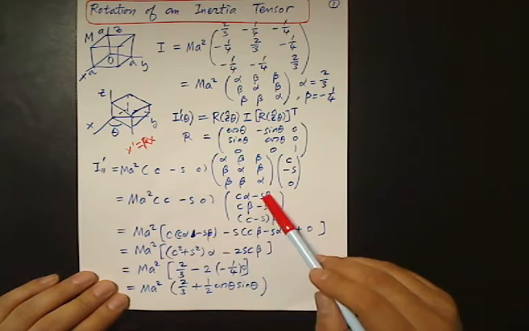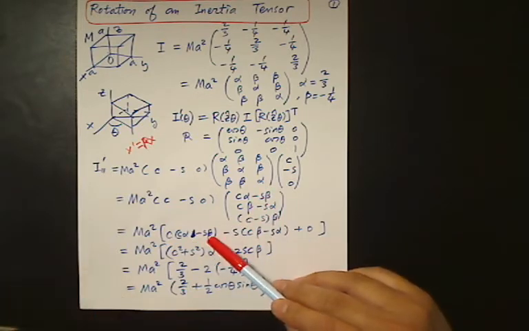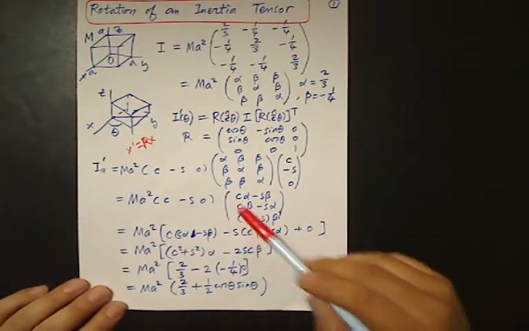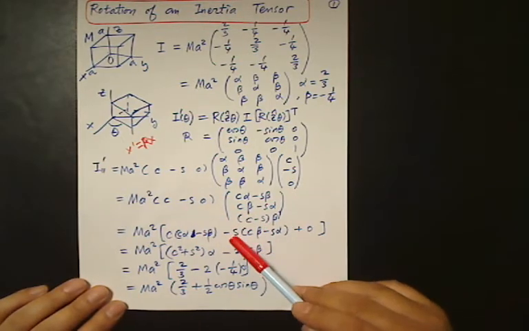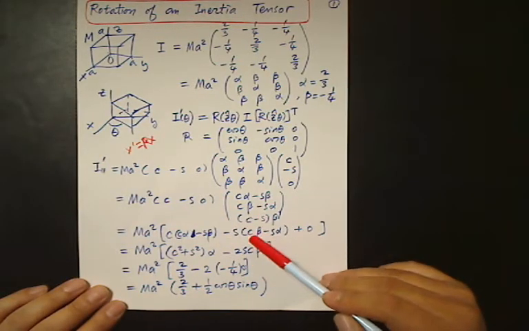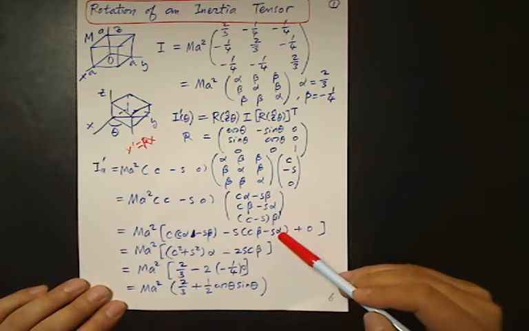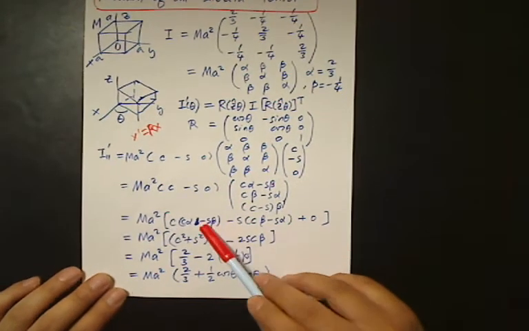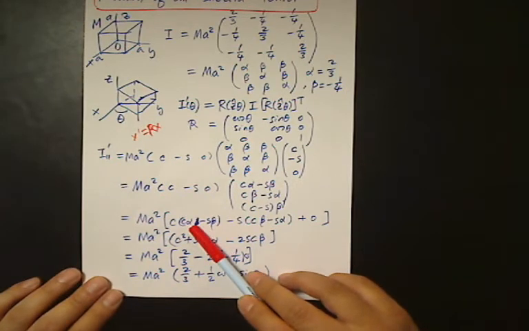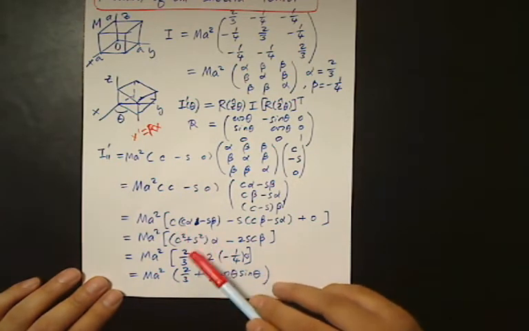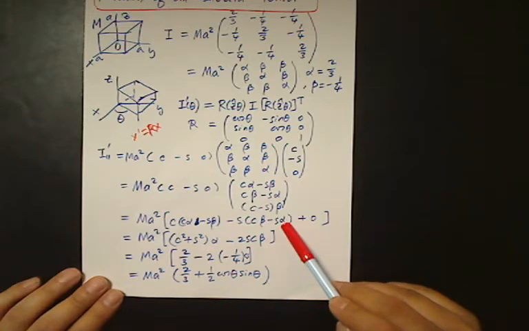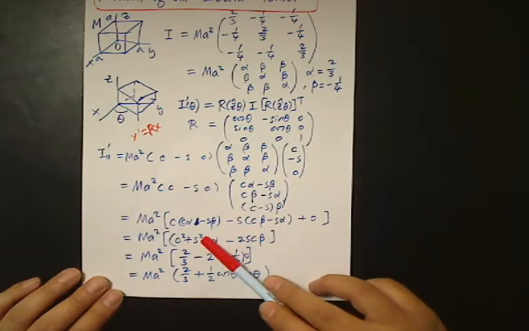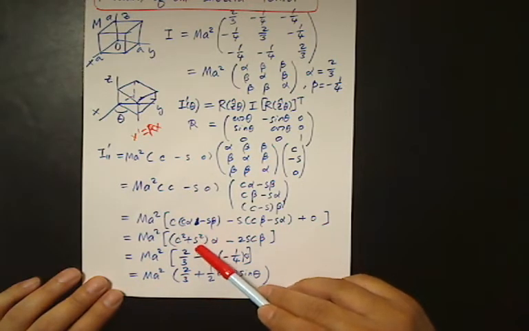We have cosine alpha minus sine beta, and minus sine, cosine beta minus sine alpha. The next one is 0. If we factor out the alpha-dependent piece, this is cosine squared plus sine squared, and this is 1.